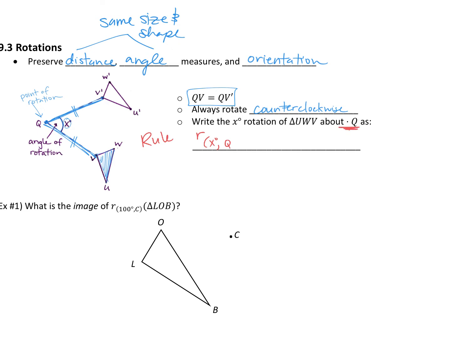So we said we're rotating about point Q. So we're going to put that point Q down here. Okay. And then you just name what you're rotating. Triangle UWV is going to map onto triangle U prime, W prime, V prime. Okay, so when we write the rule, this is your angle of rotation. And Q is your point of rotation.